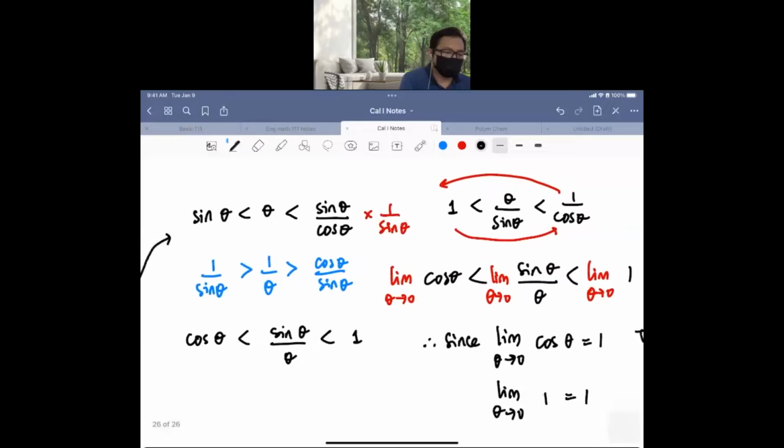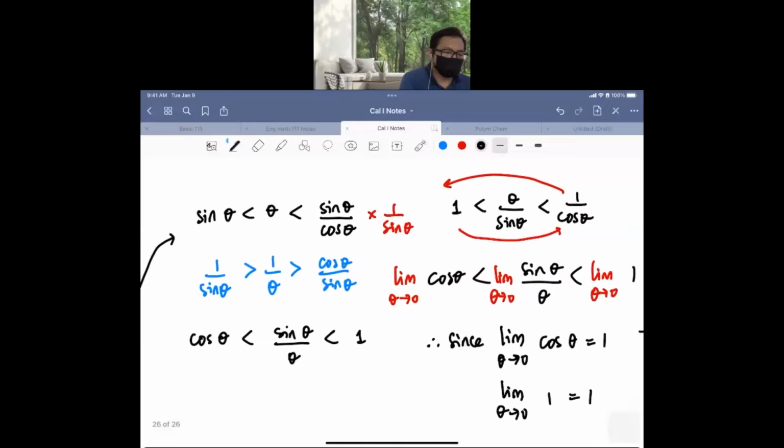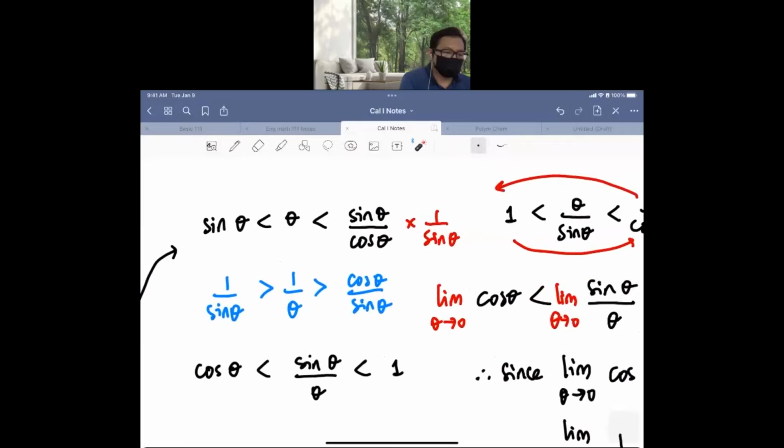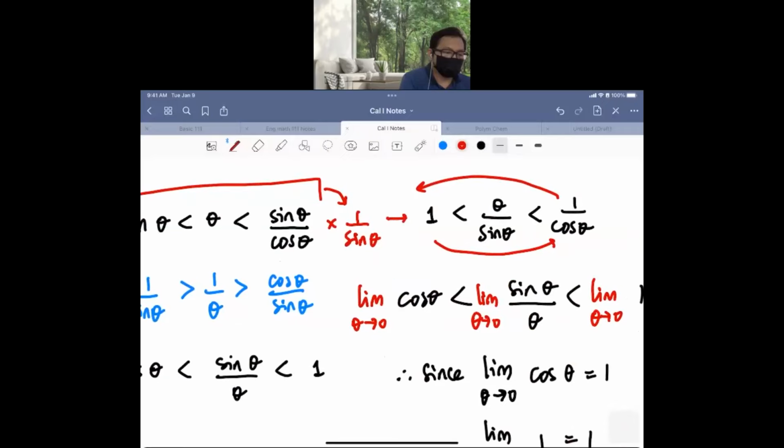Okay, perhaps there will be some confusing parts in this inequality, but let me just give you an explanation here. This is the first inequality we get. I'm dividing all by sine. Divide by sine, and it's 1 less than theta over sine and less than 1 over cos. What I did is I reciprocate, so from x to 1 over x.